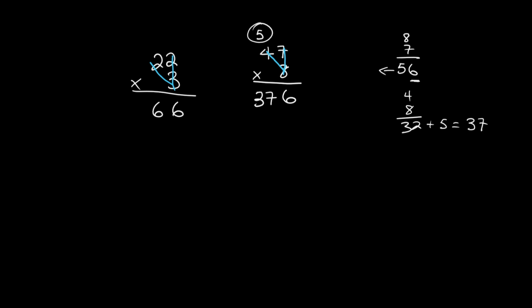So now that we've solved that, let's move on to another problem. And let's say we had 76 multiplied by 23. As mentioned, our goal is to multiply each number up here by each number down here.